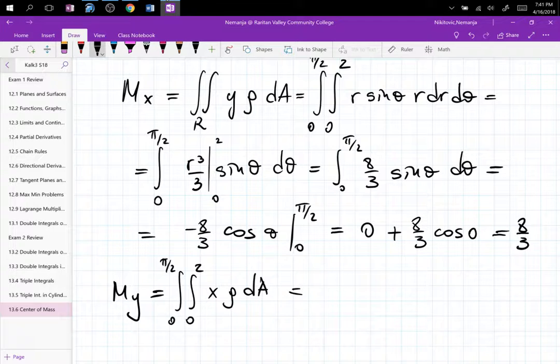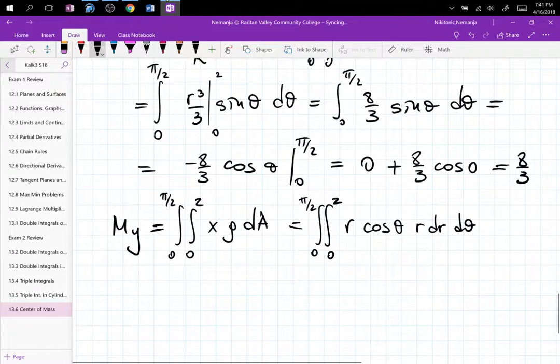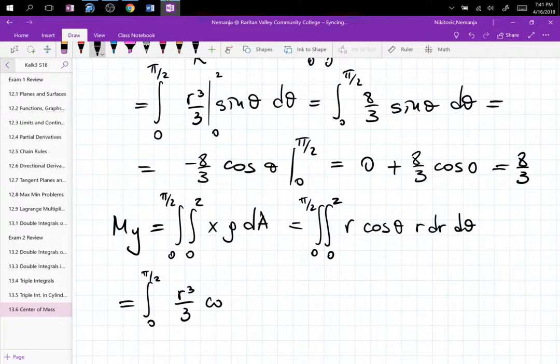Now this is going to be the double integral of r cosine theta r dr d theta, same limits, zero to pi over 2. Again, r cubed over 3 cosine theta d theta, computed from 0 to 2, so it's again 8/3.